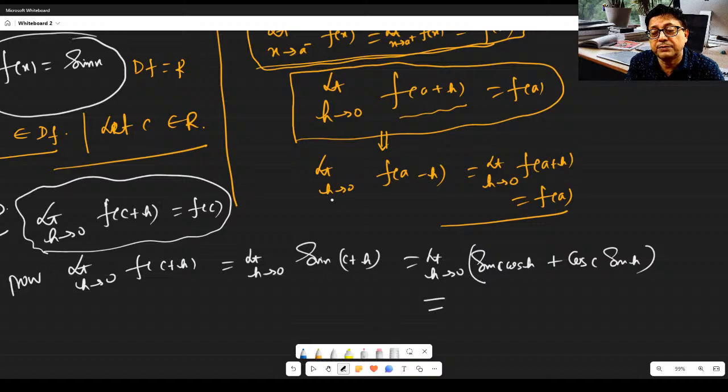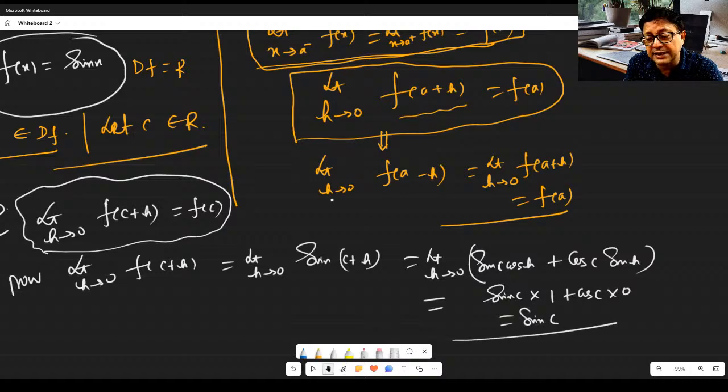So if I put it there, it is sin c into cos 0 is 1, cos c into 0, so the value is equal to sin c. Clear? The value is equal to sin c, which is equal to f(c). So what have you done?